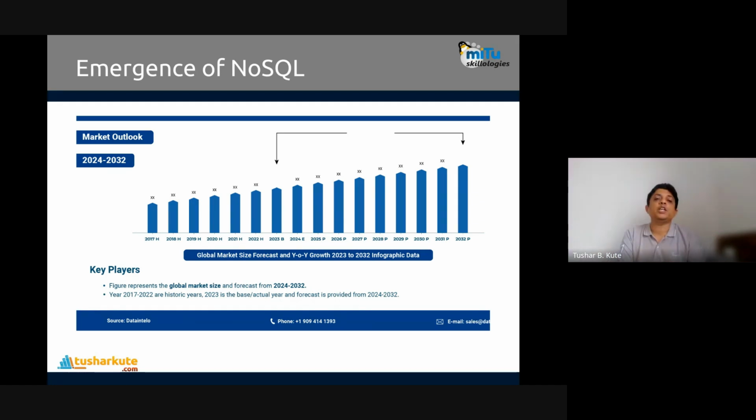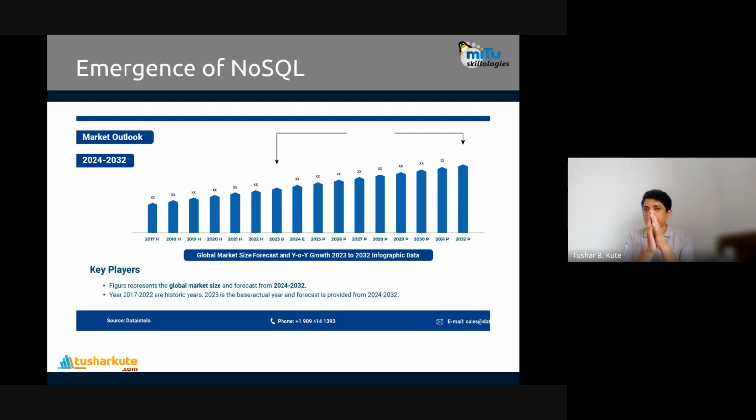The figure represents global market size and forecast from 2024 to 2032. 2017 to 2022 are the historic years, 2023 is the base actual year, and the forecast is provided from 2024 to 2032, showing how the market outlook will be for SQL-based and NoSQL-based technologies.